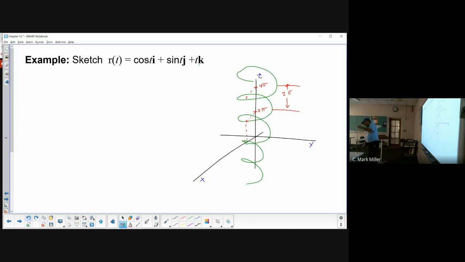If you looked at it from the side, it would almost be a zigzag. We should put little arrows on that. It's just going to keep going.